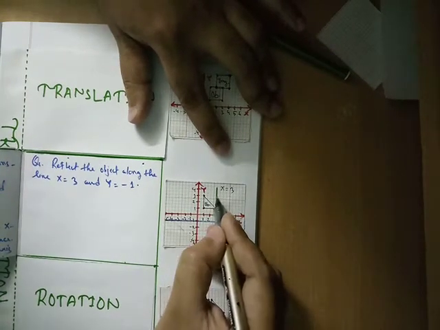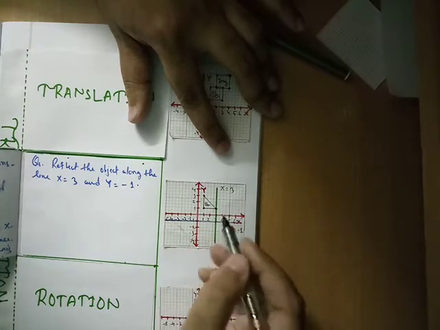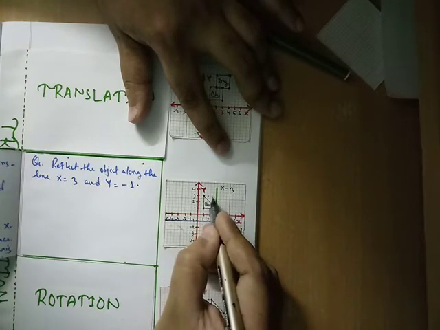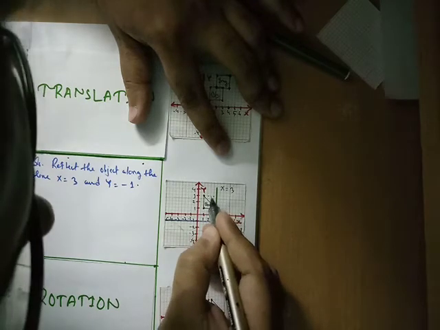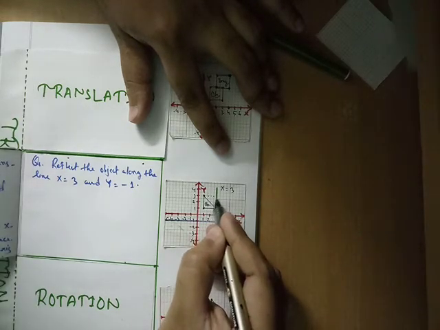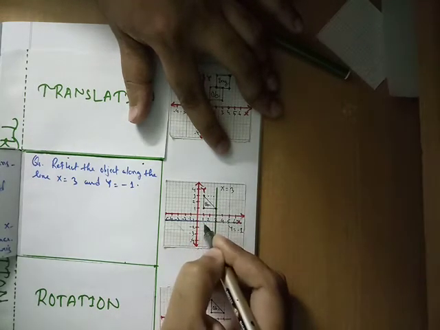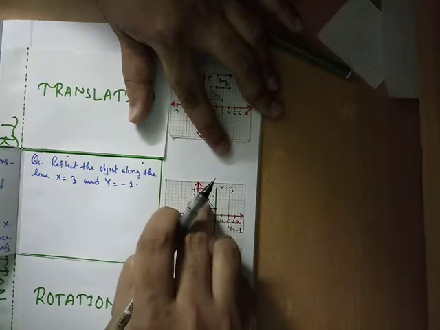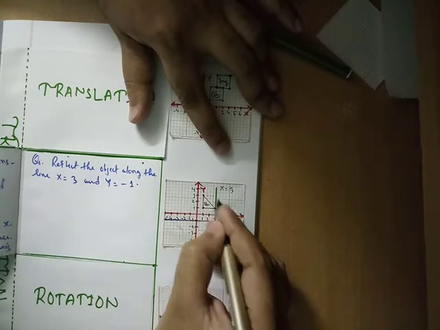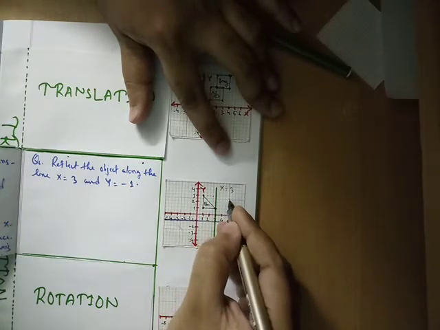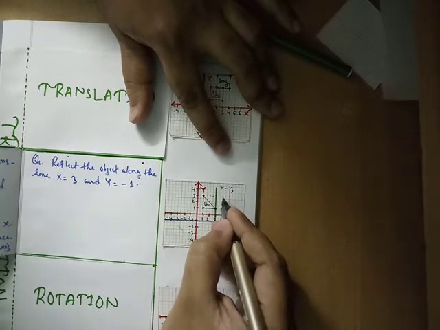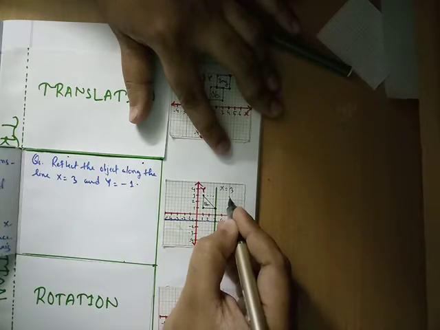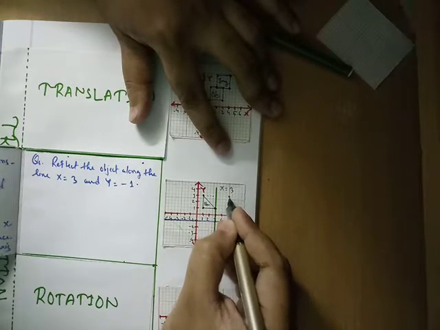From this mirror line to this point, the distance is 1, 2. So from this mirror line, the image of this point will be exactly the same distance. So 1 and 2. This is the first image of this point.